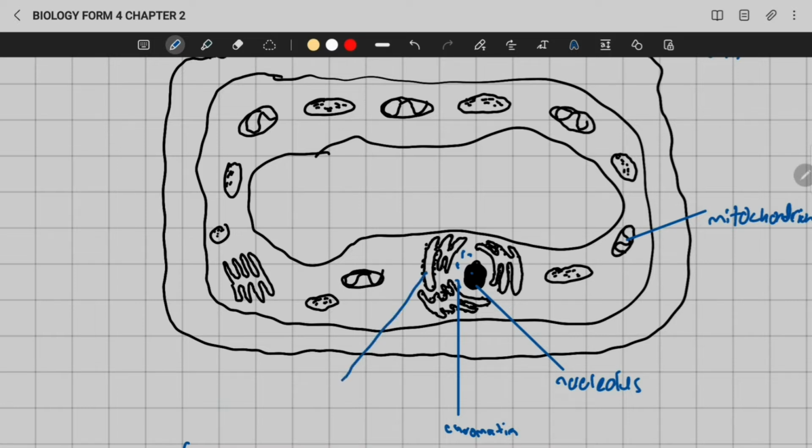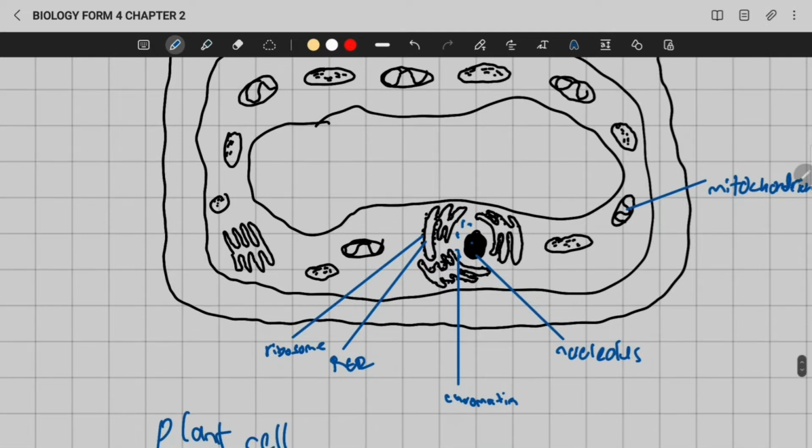So here we have RER, which has ribosomes attached to it. And then we have SER, the endoplasmic reticulum with no ribosomes attached to it.